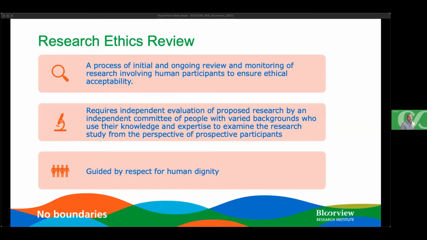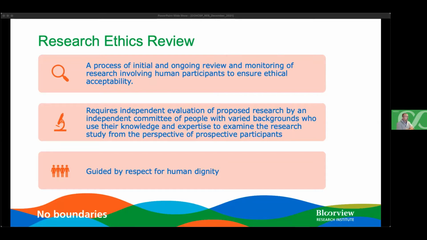The research ethics review process itself is the initial and ongoing review and monitoring of research involving human participants to ensure ethical acceptability, right? And this comes from the Tri-Council policy statement, which all REBs in Canada related to health research and academic research are going to adhere to.